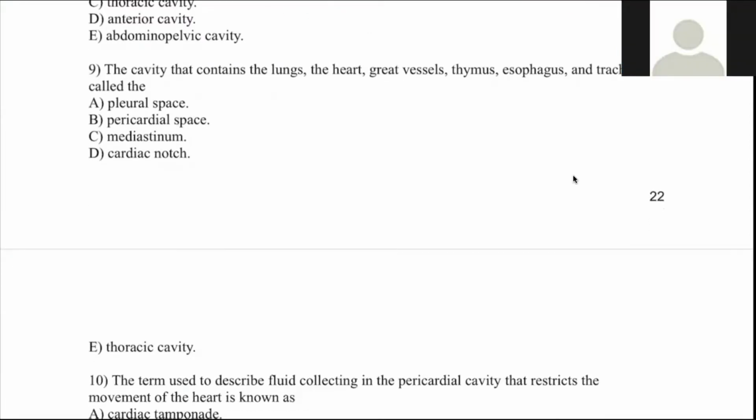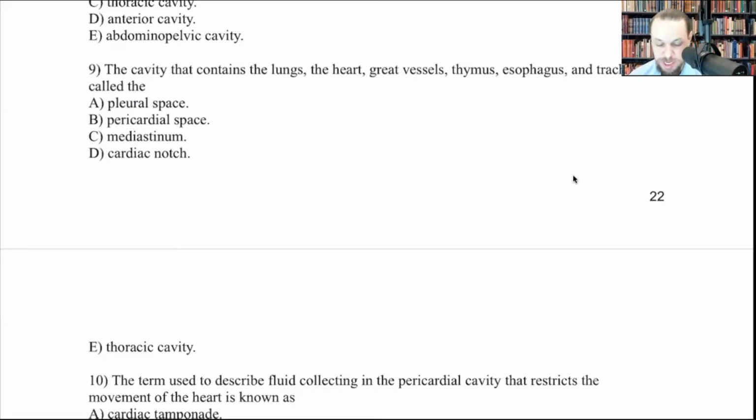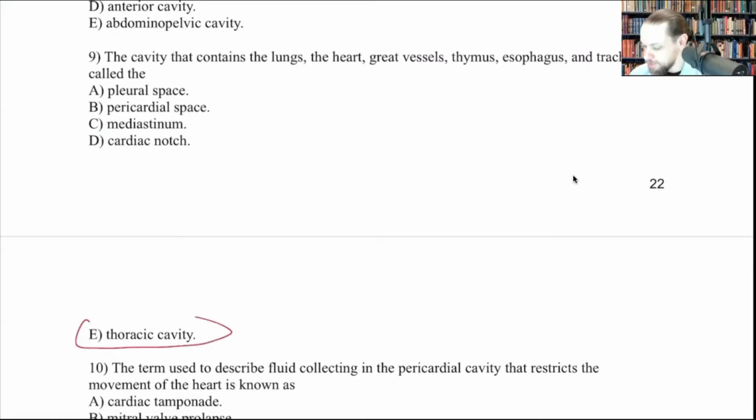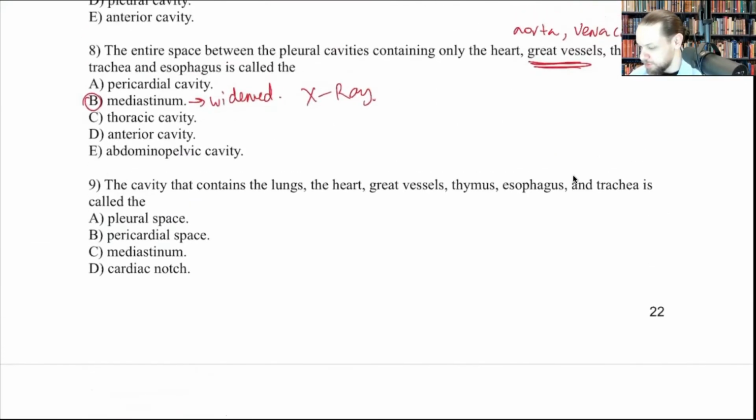The cavity that contains the lungs, the heart, great vessels, thymus, the esophagus, the trachea is the mediastinum, 2C. So this cavity is more extensive. You notice they start to include the thoracic cavity. Think of the mediastinum as the middle box.